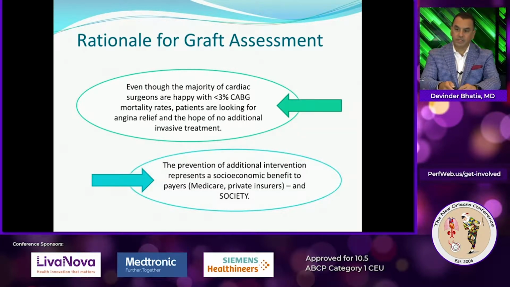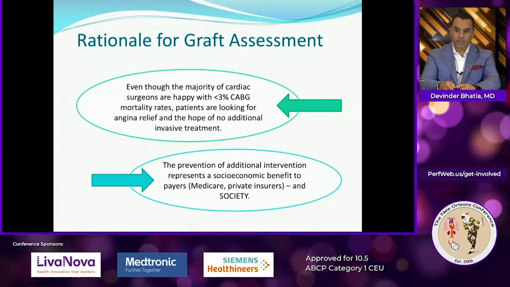The prevention of additional intervention represents benefit to insurance companies, private payers, Medicare, and really society, because anytime some of these interventions have to occur, they are eating up cost, and healthcare dollars are being paid attention to quite a bit these days.